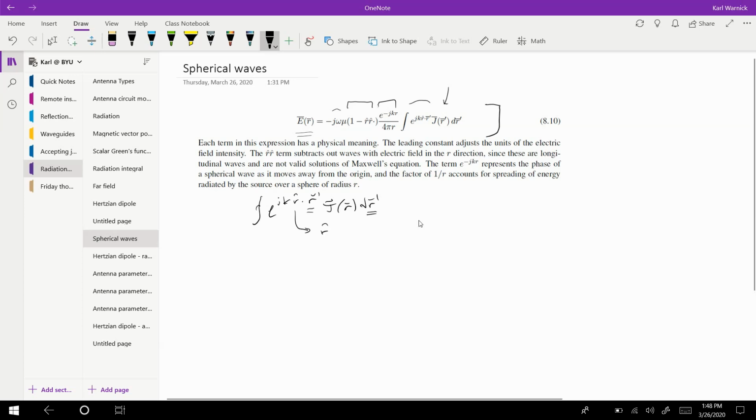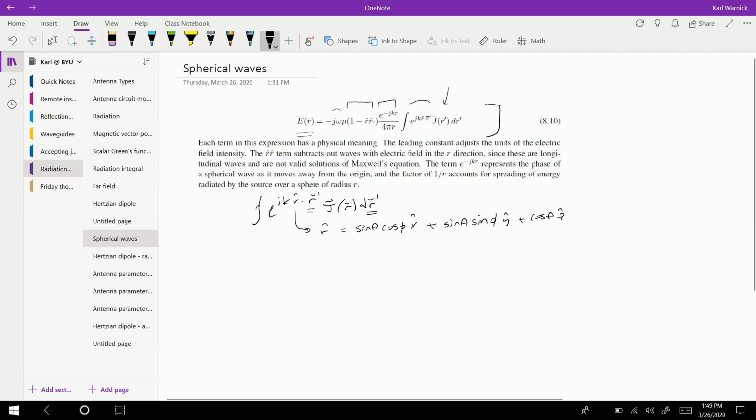Now r hat, we often will write in a combination of spherical and rectangular coordinates. We write that in the form sine theta cosine phi x hat plus sine theta sine phi y hat plus cosine theta z hat.